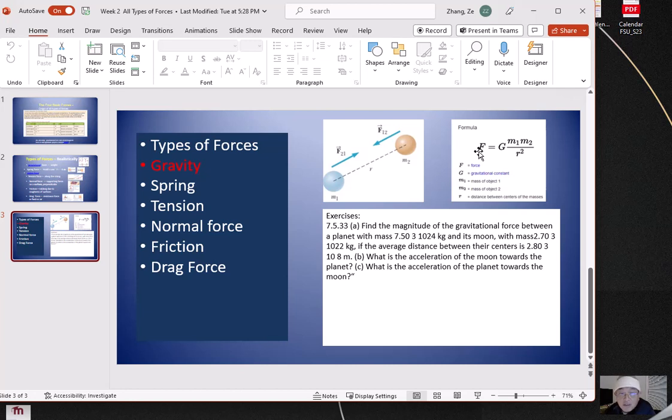So in this class we will study gravity as one of the forces. When objects go far away, you have a weaker force. When it's close, it's a stronger force.